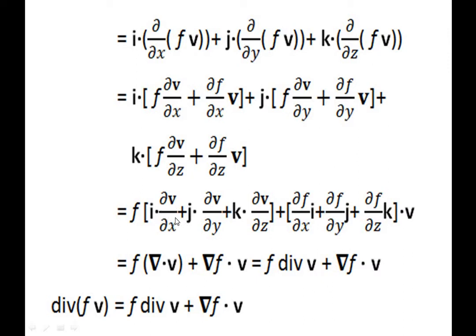And dou f by dou x i cap plus dou f by dou y j cap plus dou f by dou z k cap is the gradient of f, that is, del f.